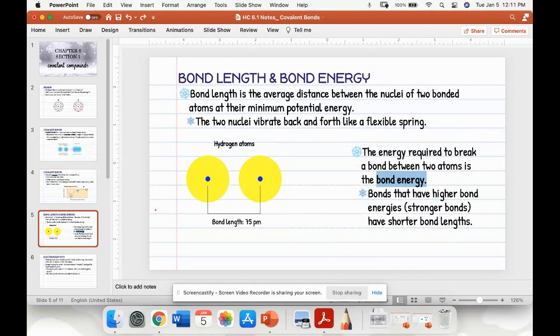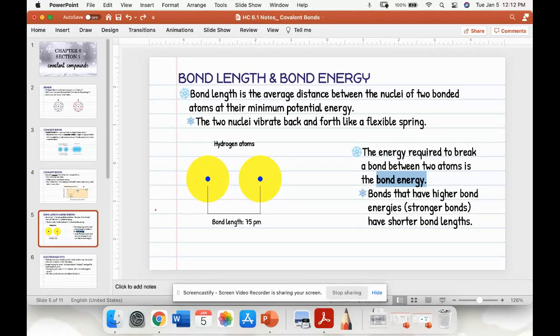Bond length, we talked about a little bit when we talked about periodic trends. That was the ionic radii or bond radii. It's just the average distance between the 2 nuclei of 2 bonded atoms. So these are hydrogens, and the bond length is 17 pm, which is picometers. If you remember conversions, pico is very, very small.